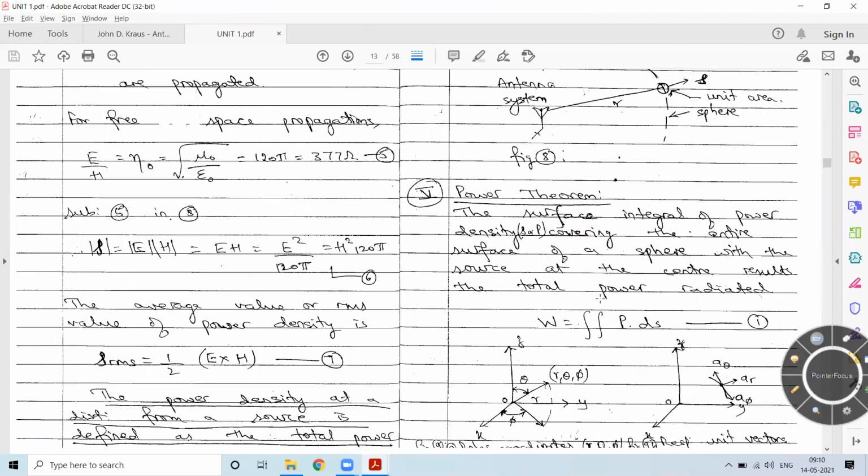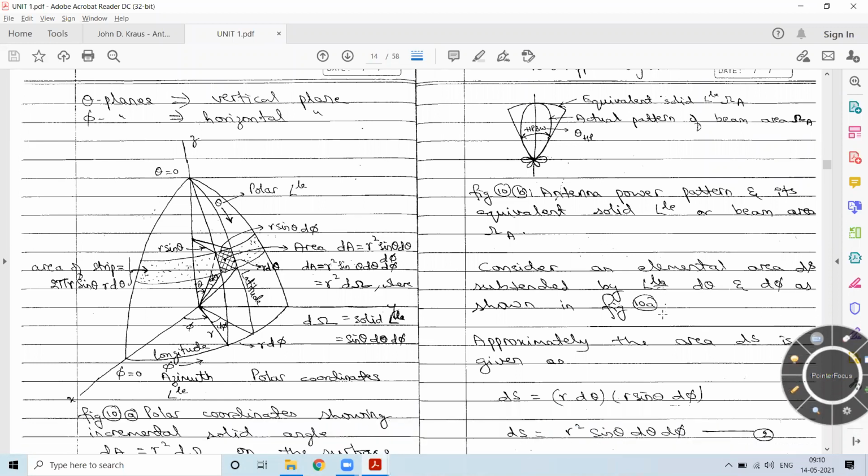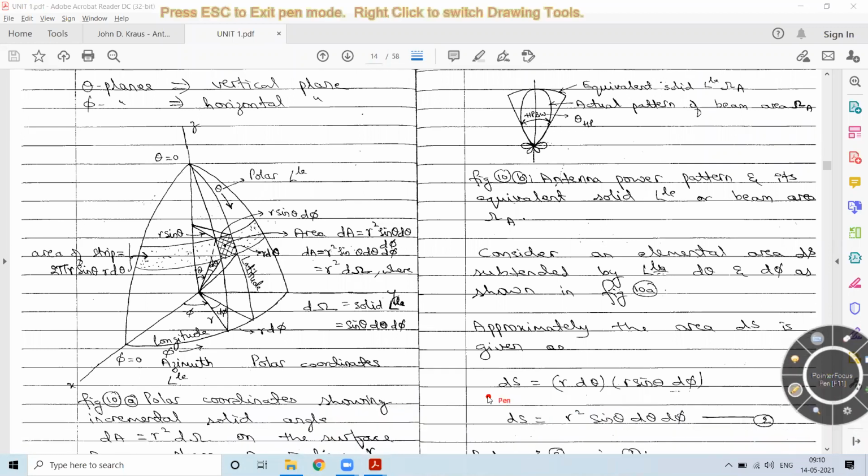Then we discussed what is meant by the power theorem, and what the elemental surface area is. Remember, elemental surface area is sometimes denoted as dA or ds. It is given by r square sine theta d theta d phi, which is obtained by multiplying the two sides of the small elemental area.